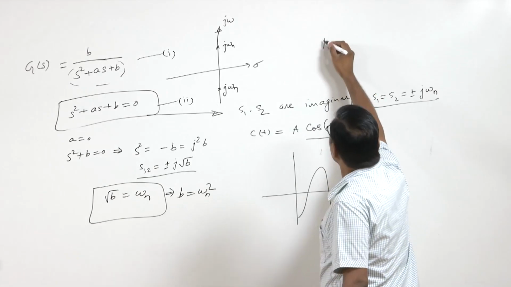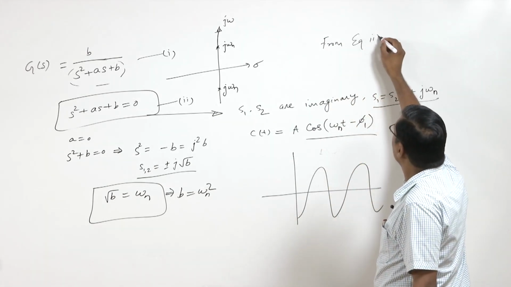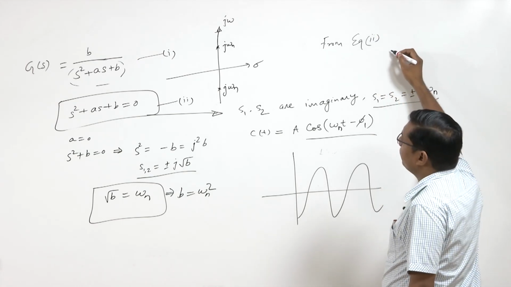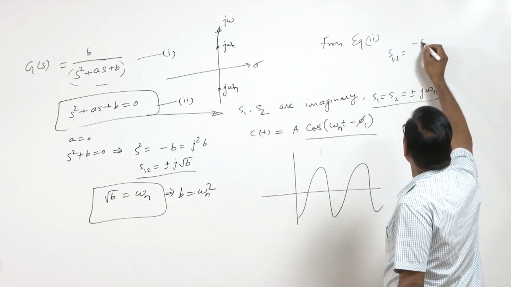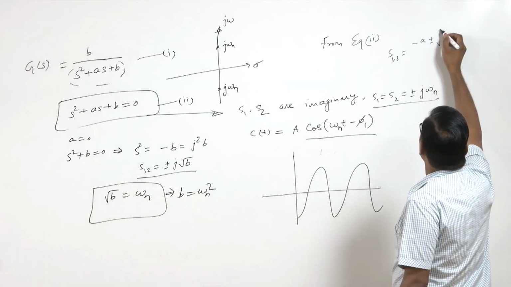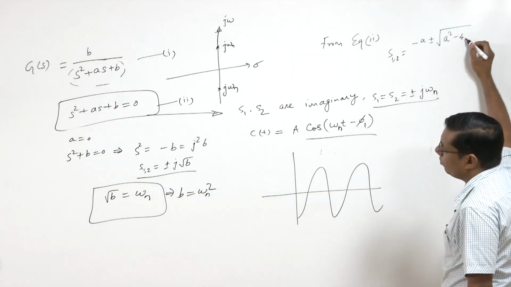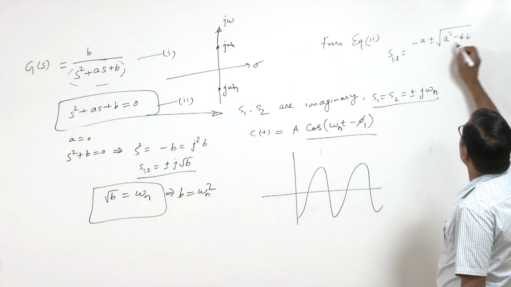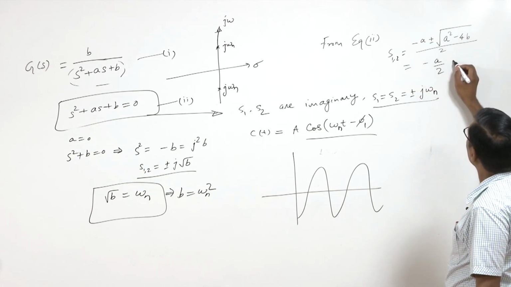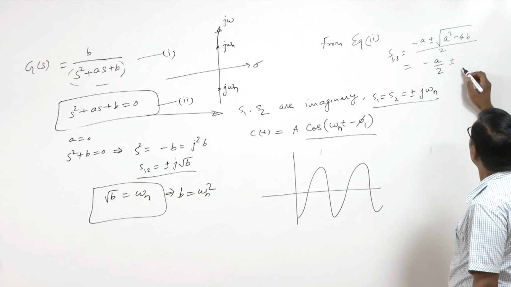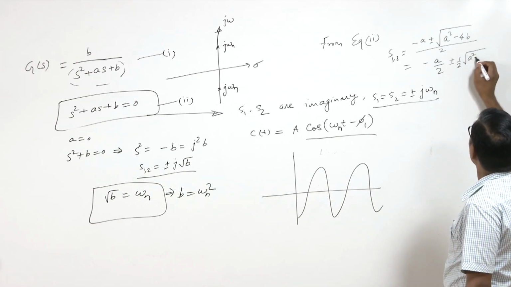From equation 2, we can have s equal to (minus a plus minus under root a square minus 4 into 1 into b) by 2. So we get minus a by 2 plus minus 1 by 2 root of a square minus 4b.